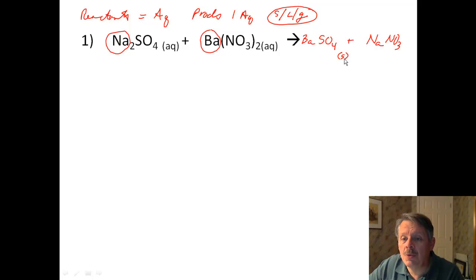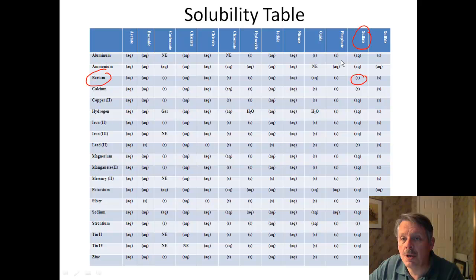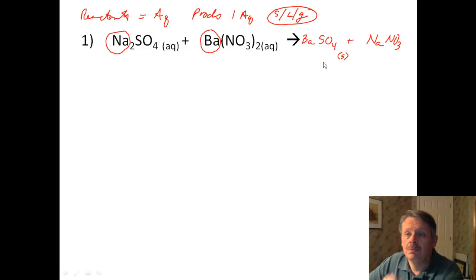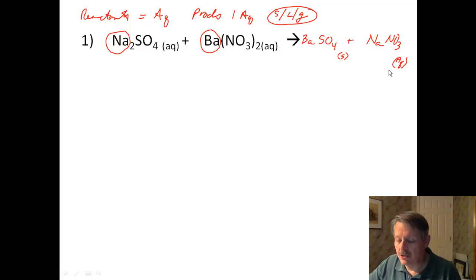And sodium nitrate, let's go back and look at that. We have sodium way down here. We look for nitrate, and there's nitrate. We look to see where they cross, and we have something that is aqueous. So we have, in fact, figured out our rules. Our rules are, in fact, correct.